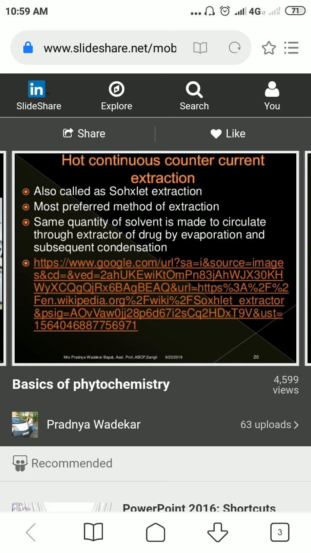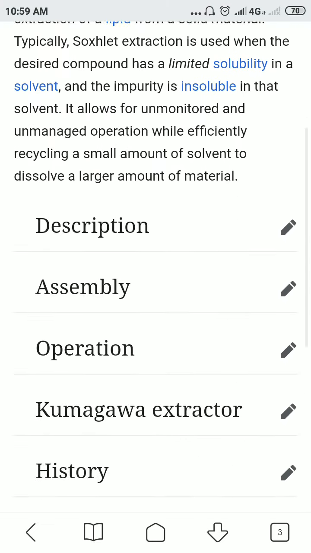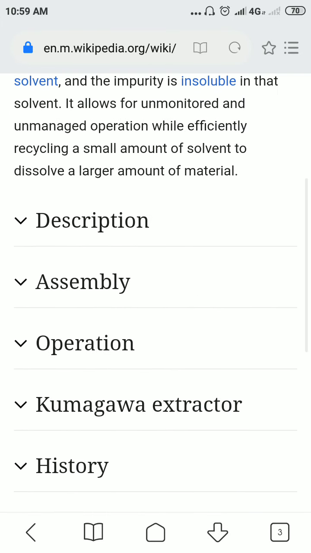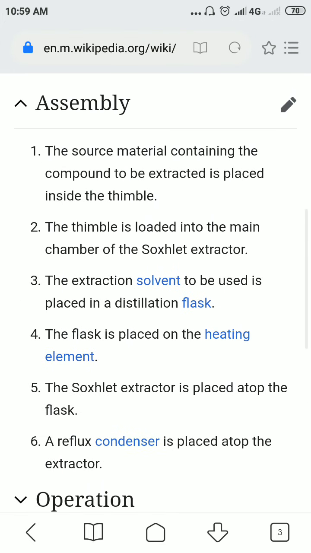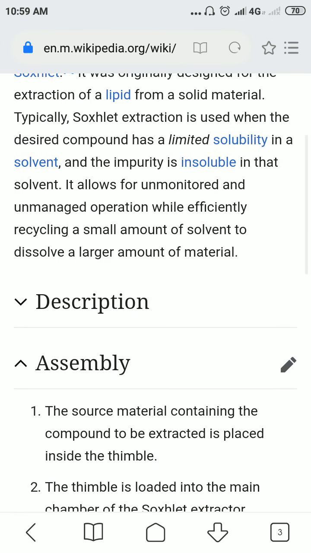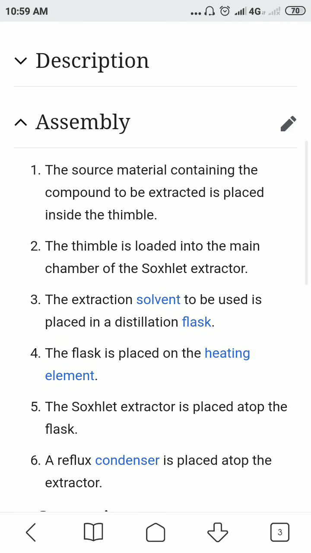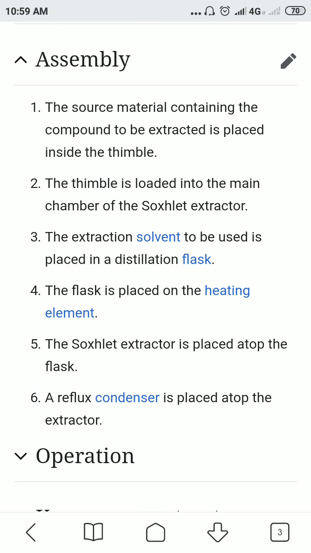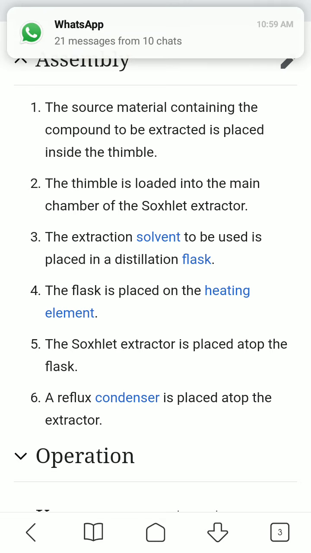So what is the assembly related to Soxhlet? These are the main parts of the assembly. Soxhlet assembly contains three main parts: below one, middle one and upper one.